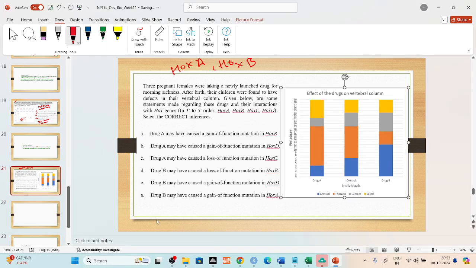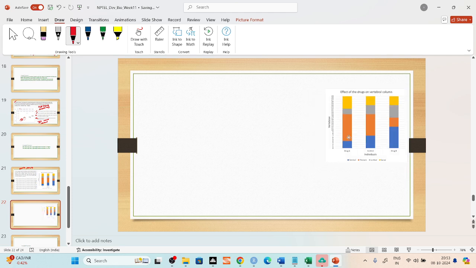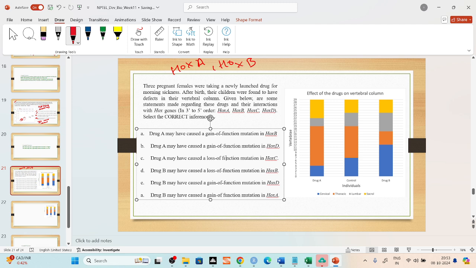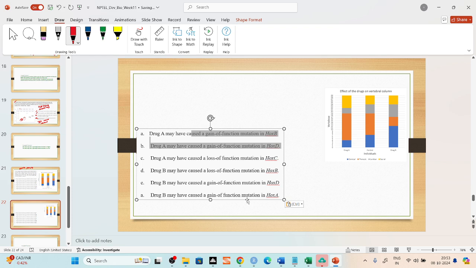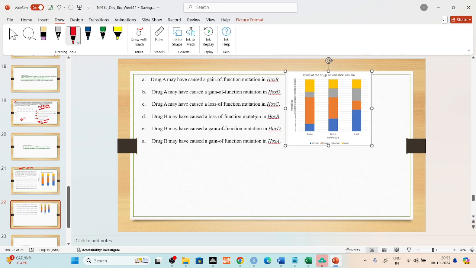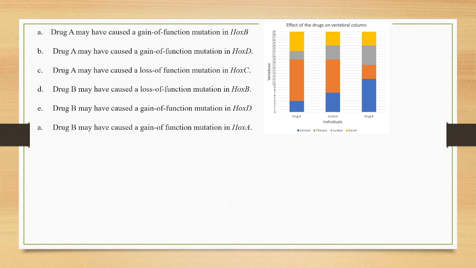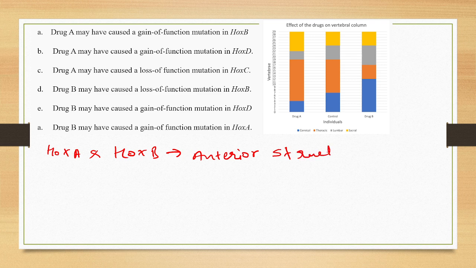Now you see HOX A and HOX B. They are responsible for anterior structures, which are your cervical and thoracic.